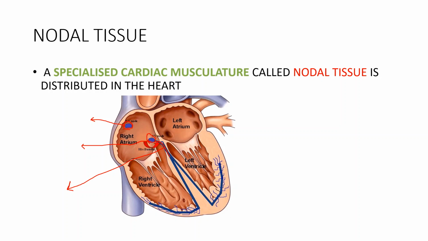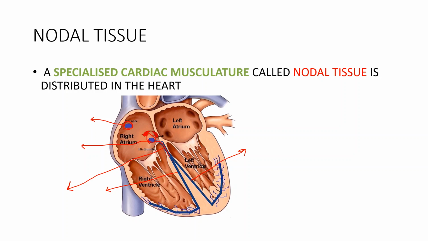That bundle of His bifurcates into the right bundle branch and the left bundle branch. So we can observe the bundle of His in the interventricular septum bifurcated into a right bundle branch and a left bundle branch.